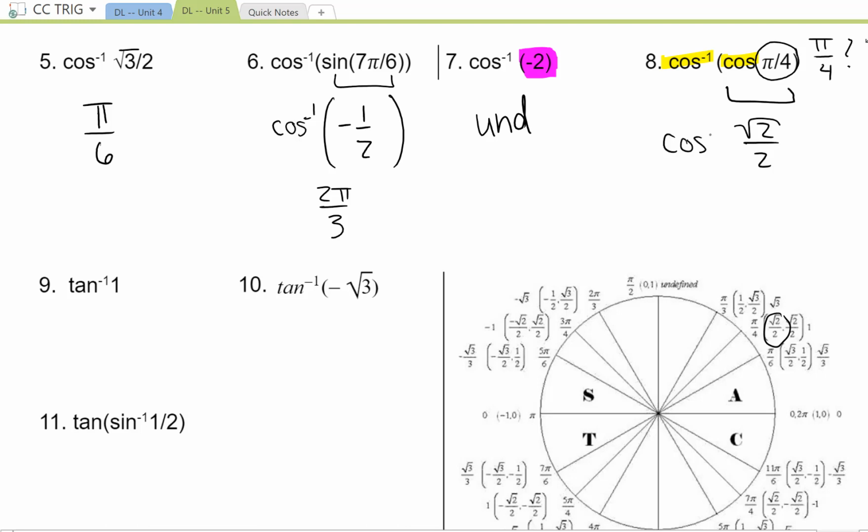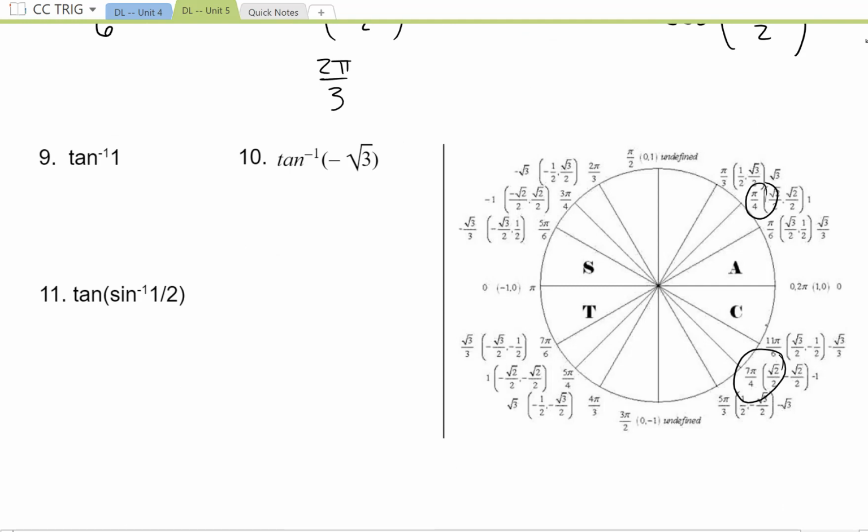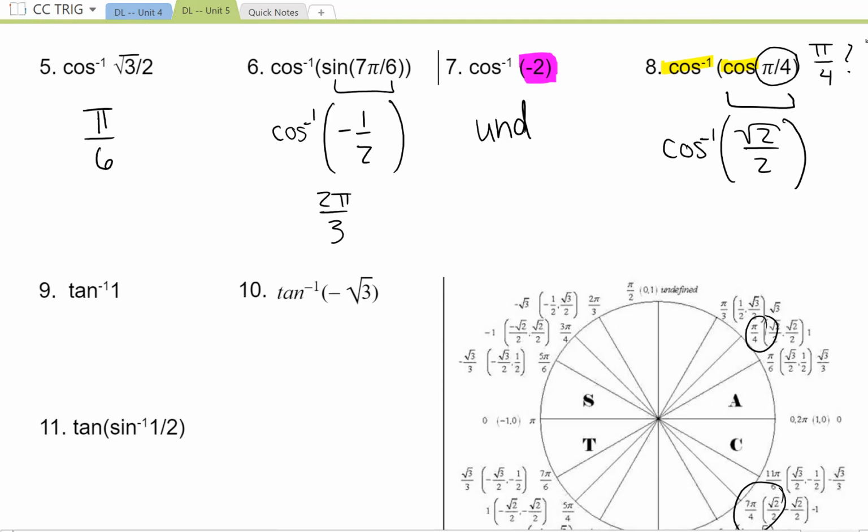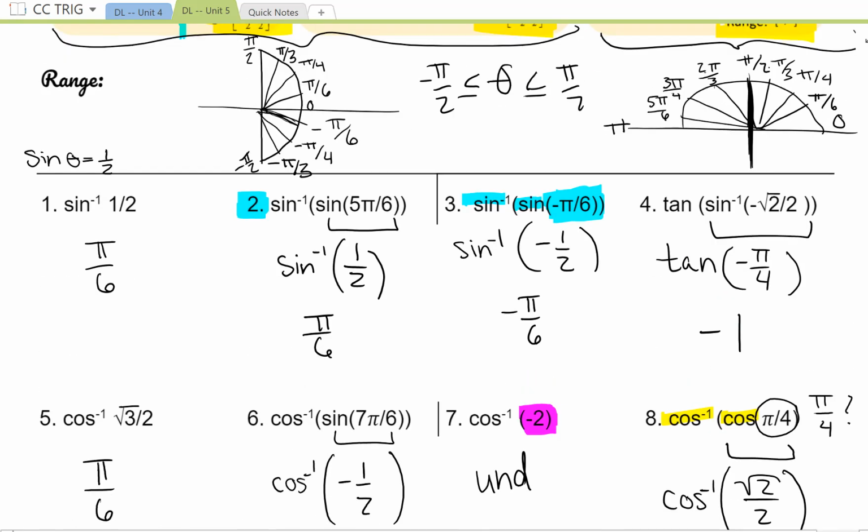Cosine inverse of √2 over 2 would be the pi fourths angle or the 7 pi fourths angle. Only one of those is within the restrictions of cosine, and that would be pi fourths. Hey, we were right, because pi fourths is already between 0 and pi, the restrictions for the range of inverse cosine.